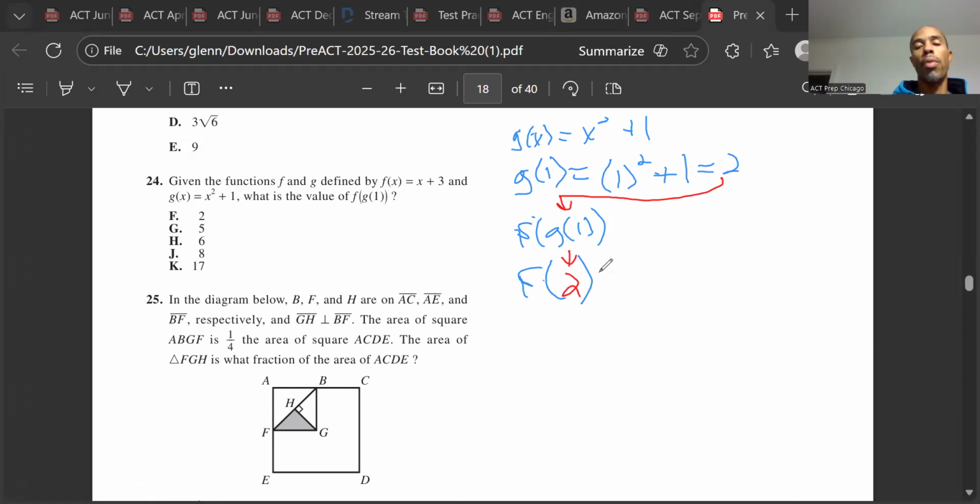And now we do our f of x function, which was x plus 3, right? So if f of x was x plus 3, then f of 2 would be what? Replace x with 2 every time, so 2 plus 3 equals 5.